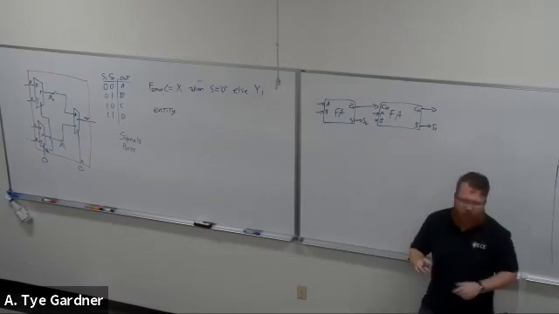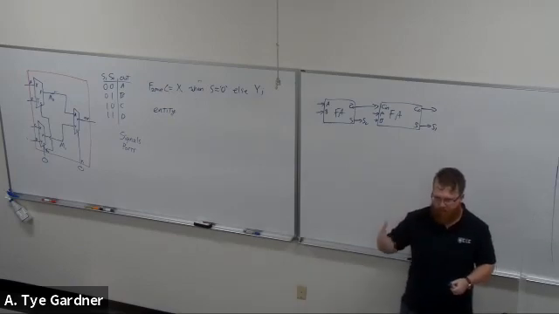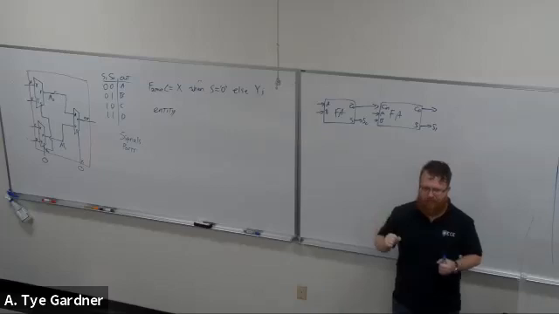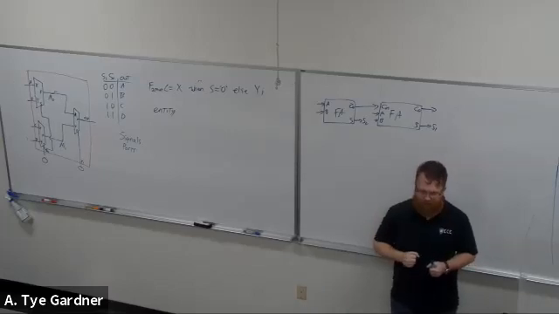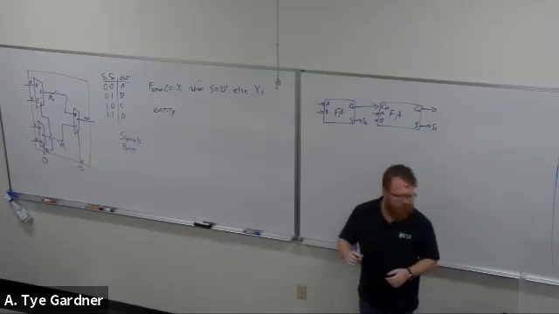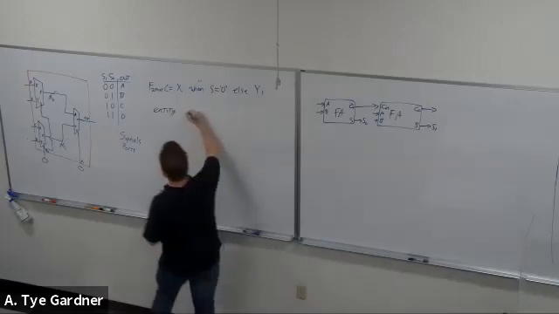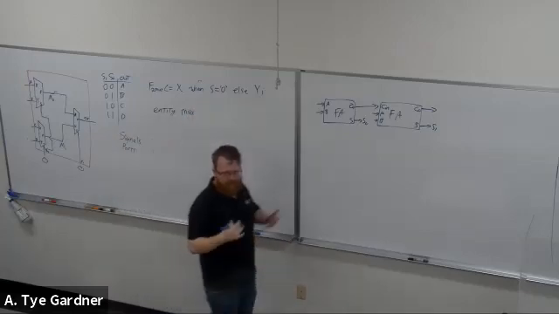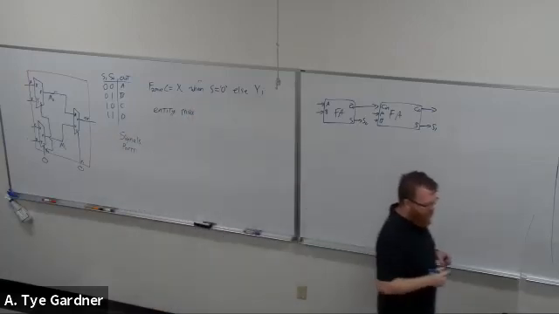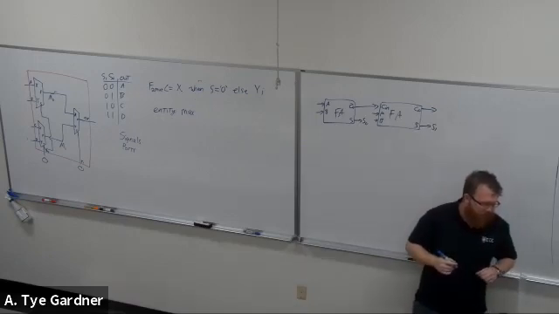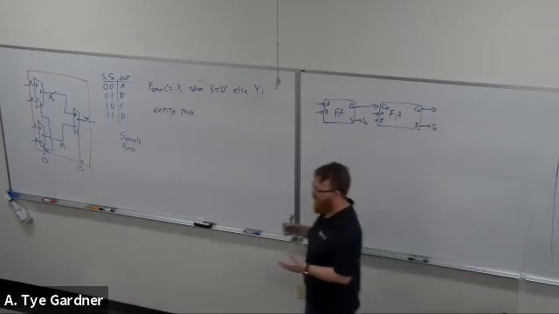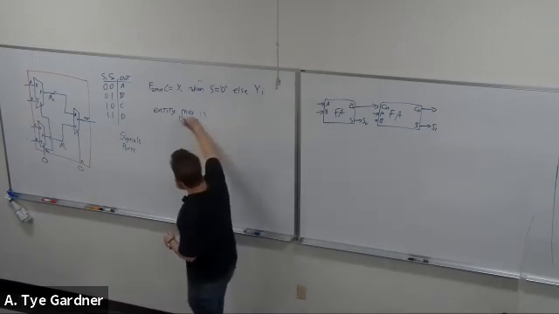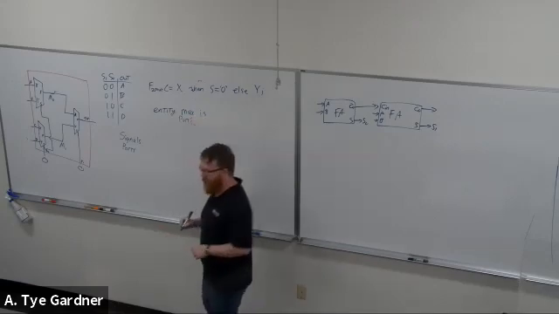Okay, so the entity is a keyword. The program will recognize the word entity and realize that you're about to tell it that something exists. I then say the word, or sorry, the name, and I'm just going to call this Max, right? That's its name. The name of the entity is Max, okay? Then I need to tell it what it is. Well, the entity Max is ports, right?